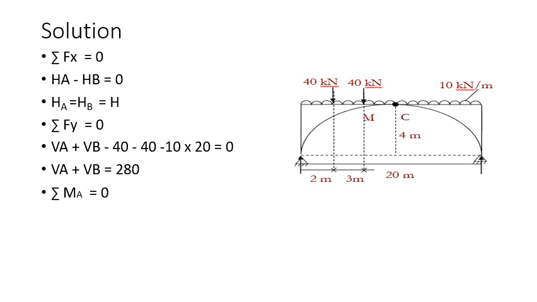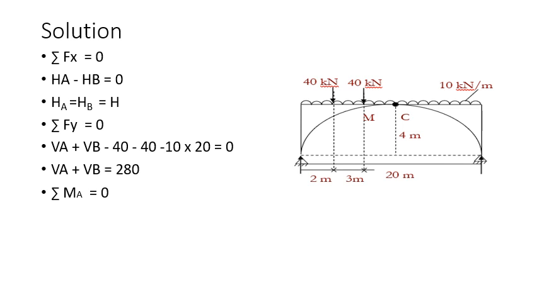Sigma MA is equal to 0. Taking the moment of all the forces about the end A, it is easier as the distances are given from the end A of the 40 kilonewton load. So what are the forces producing the moment? Minus VB into 20, right?